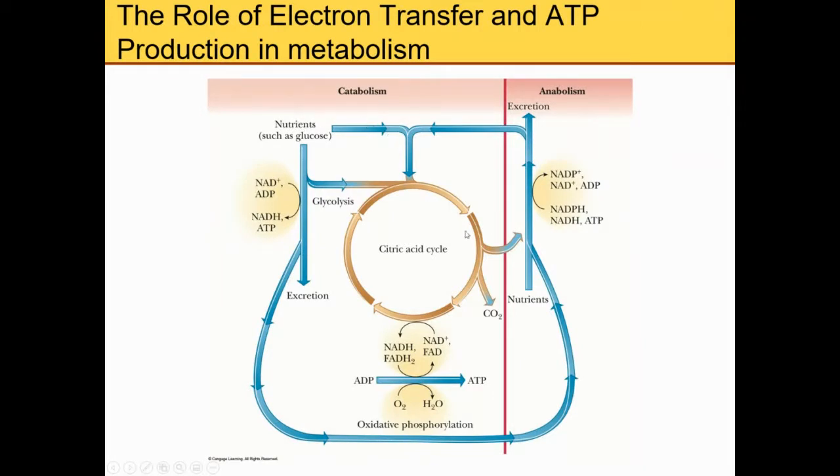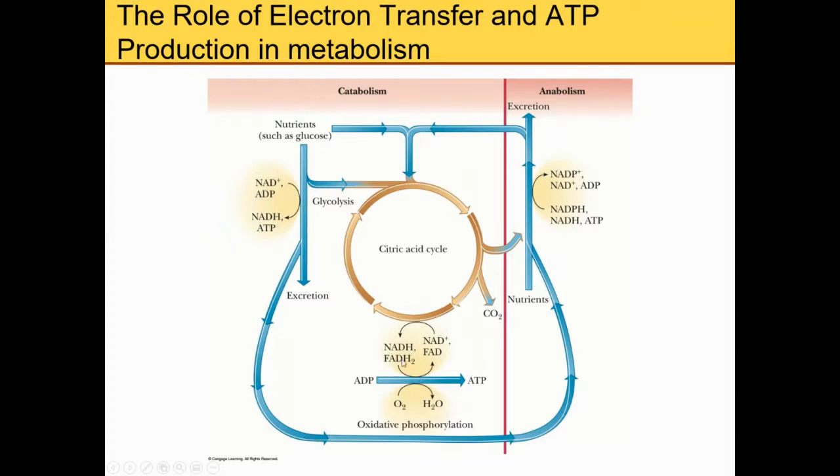And then they will enter the citric acid cycle, and during this citric acid cycle, as you can see, this NAD plus and FAD, these two will be reduced, and then after the glycolysis, right, the pyruvic acid, that's the end product of the glycolysis, enters the citric acid cycle, right, and then they will continue to be oxidized, and in the meantime, these two coenzymes will be reduced, all right? So they transfer the hydrogen and electron to the NAD plus and the FAD, so you become the NADH and the FADH2.